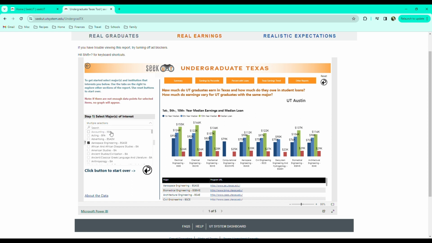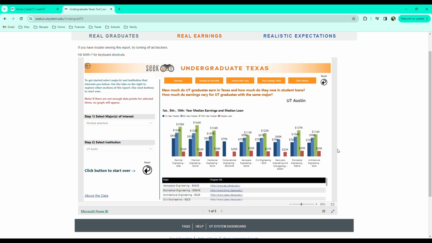It's a little bit clunky in the way that they have set up, so I've already done this filter. I provide the link to this in the video comments, so if you know what specific major you're looking at, then you can definitely go in and click and get a lot more data than what I'm going to show in this video.